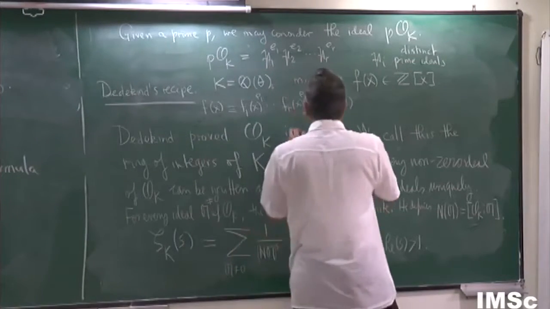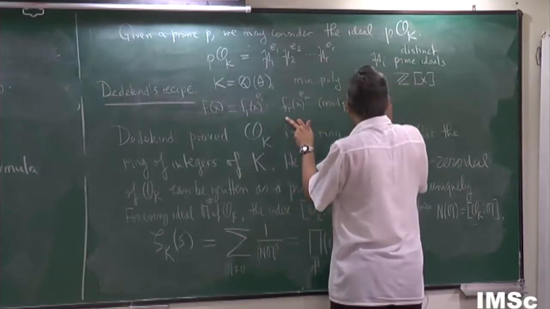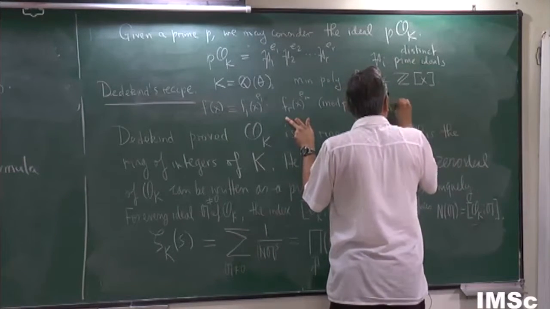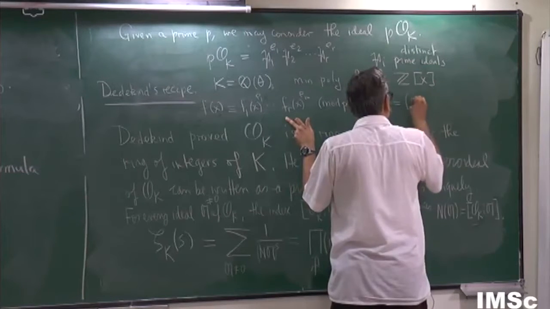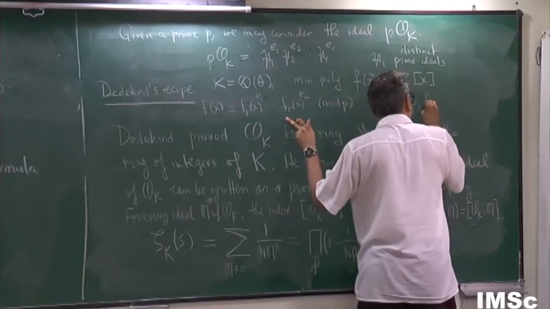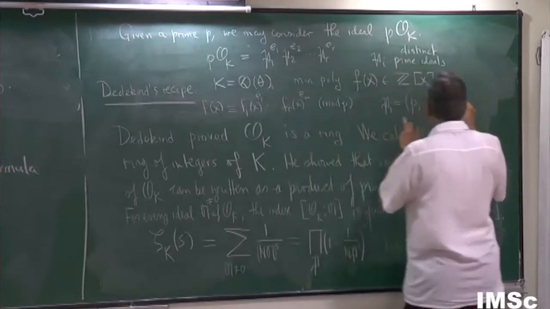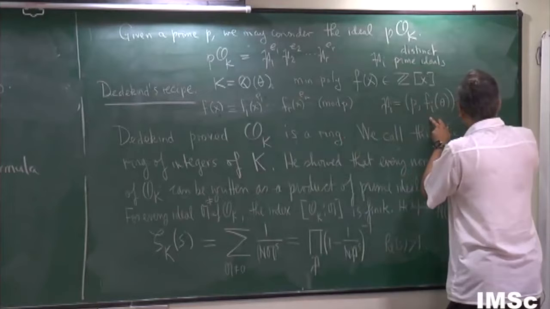Then, having done so, look at the ideal P_i generated by the number p and this polynomial f_i(theta). This is an ideal sitting inside O_K.